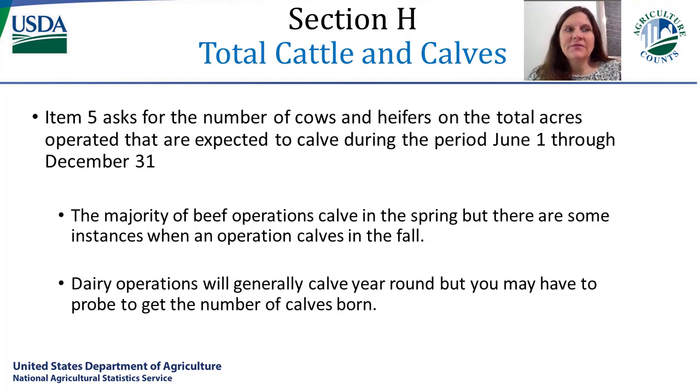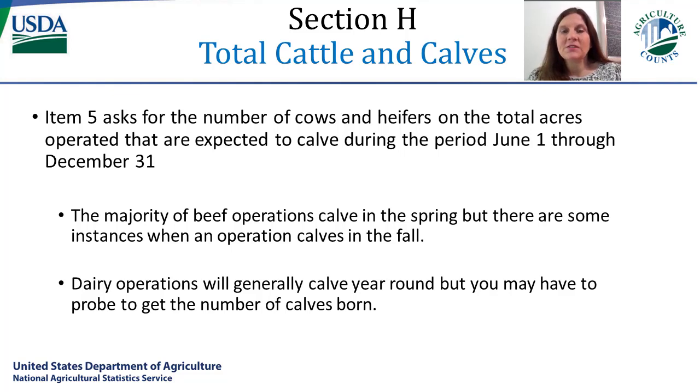Item 5, ask for the number of cows and heifers on the total acres operated that are expected to calve during the period June 1st through December 31st. The majority of beef cow operations calve in the spring, but there are some instances when an operation will calve in the fall. We do not want to double count and have the same value in intentions and in calf crop.